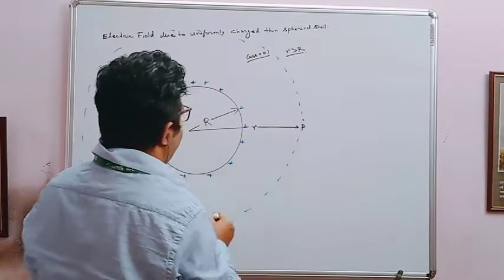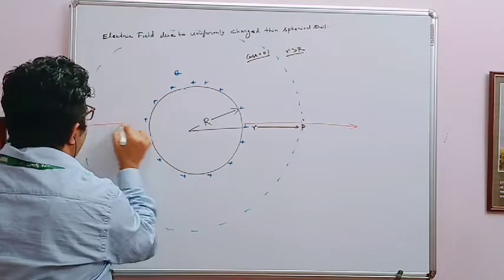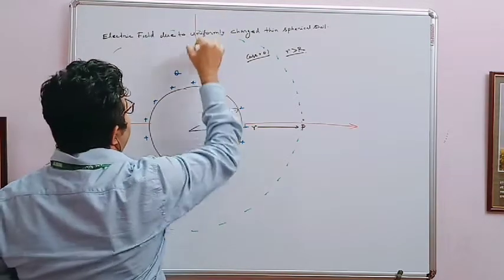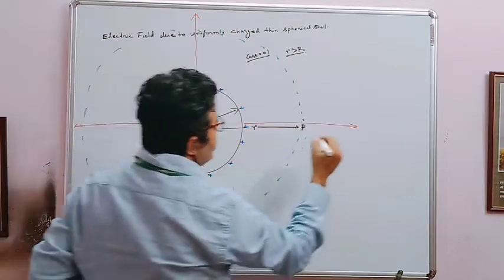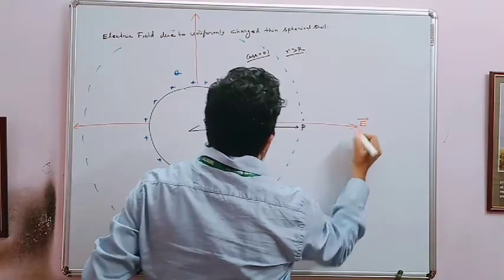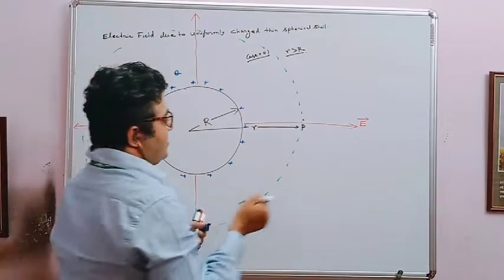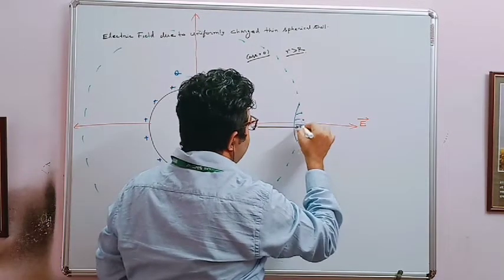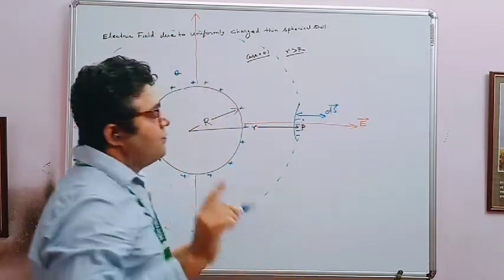Now we know from the definition of electric field, for positive charge the direction of electric field is outward. So this one is our electric field, and we also know that the area vector, which is normal to the surface, is also outward.